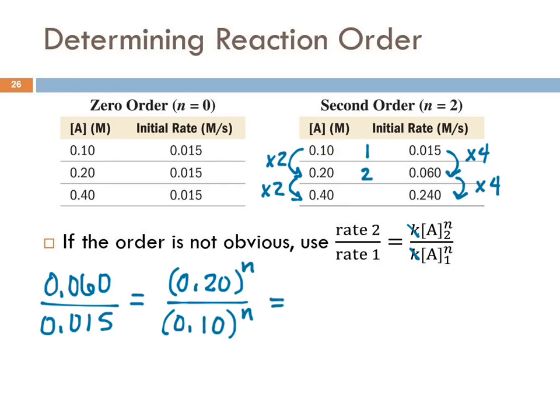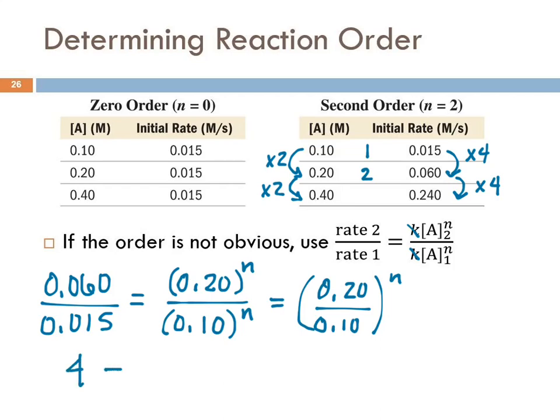So now we need to simplify this. The exponents here are the same, and so this is equal to 0.20 over 0.10, that fraction raised to the n power. So now let's use our calculators. 0.06 divided by 0.015 equals 4.